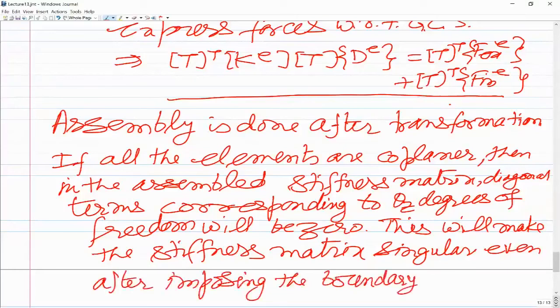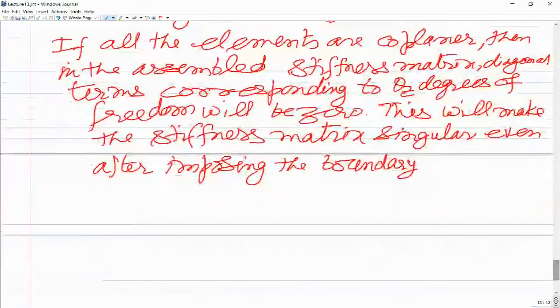If you don't impose a boundary condition, for all cases the stiffness matrix is singular. But if the structure is properly supported, then once you impose a boundary condition, the resulting reduced global stiffness matrix would be non-singular. But in this case, if the theta z diagonal elements are all 0, this will make the stiffness matrix singular even after imposing the boundary conditions.